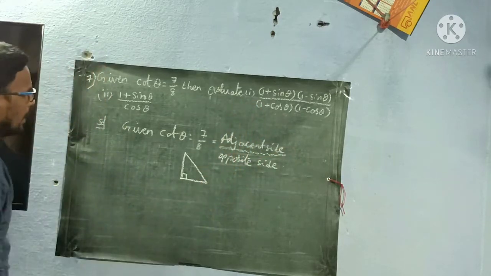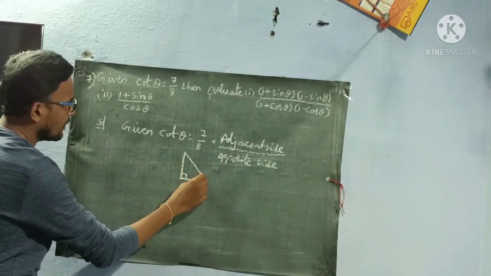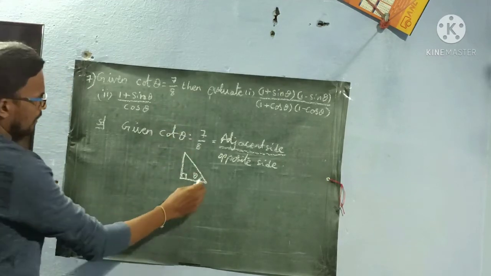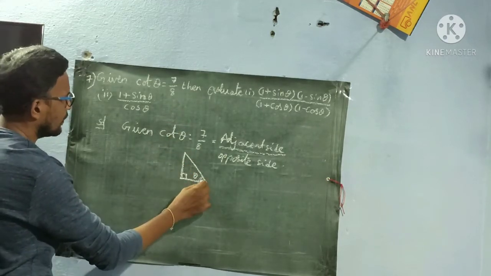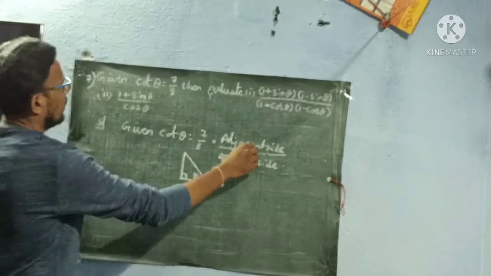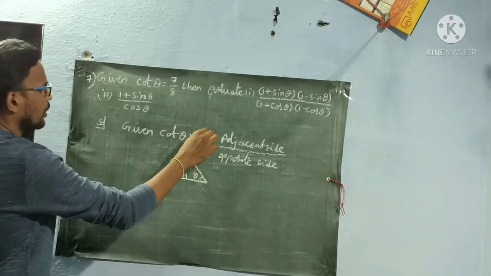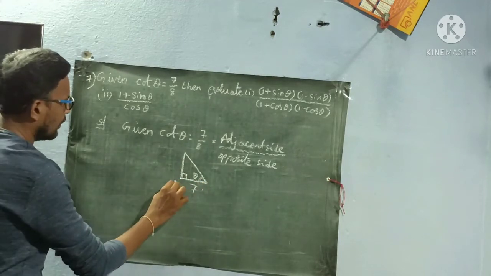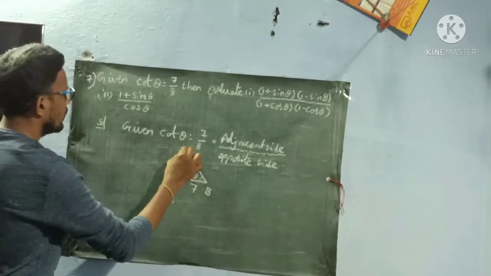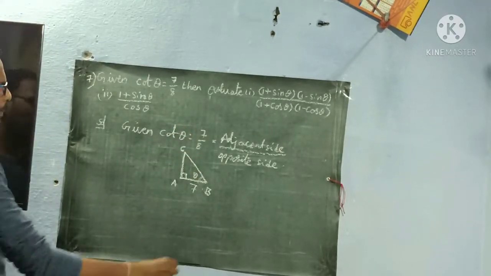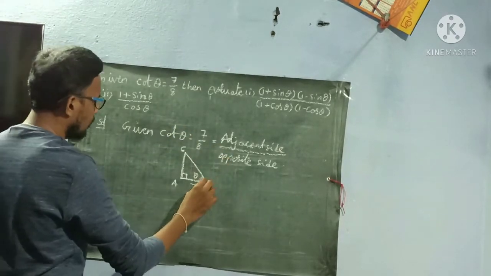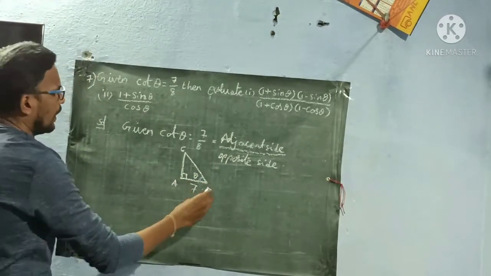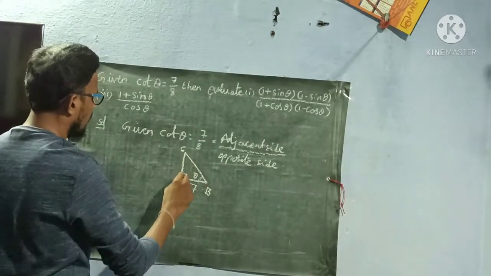So when I take the angle theta here in this diagram, then the side adjacent to it becomes the adjacent side. From this we know that the adjacent side is 7 here. Suppose I take this triangle as ABC, then the side adjacent to theta is AB, that becomes 7, and the side opposite to theta is AC, that is 8.